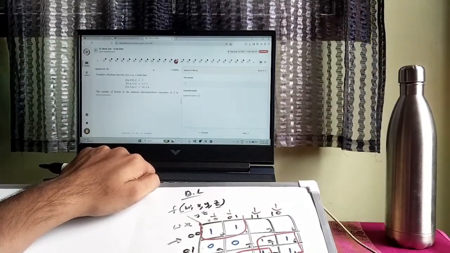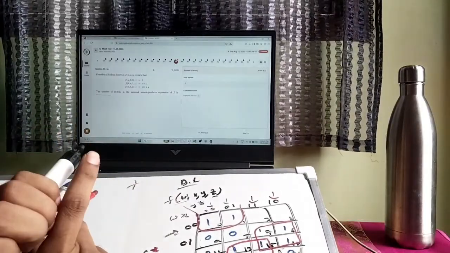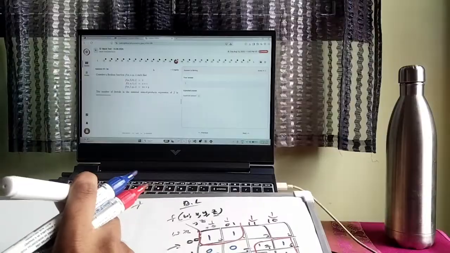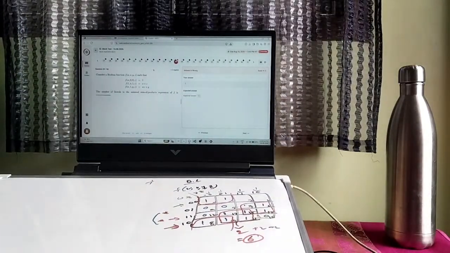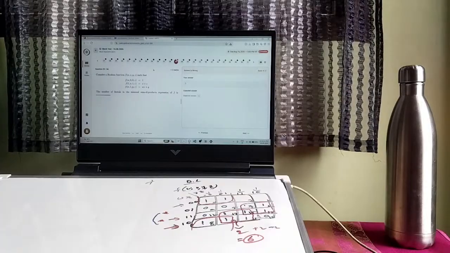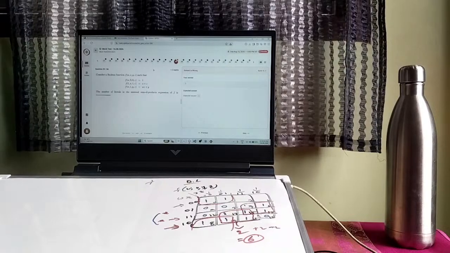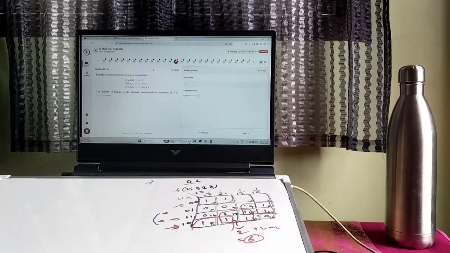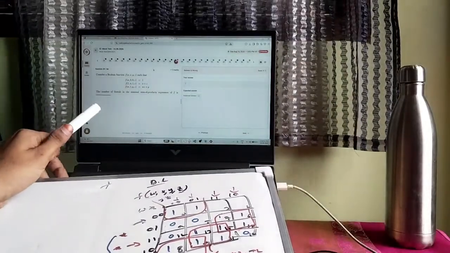So the answer is 6. The expected answer was 6, but I somehow got the wrong answer. Anyways, it's a good question, it's good to know. You can see the answer, and your answer is 6.